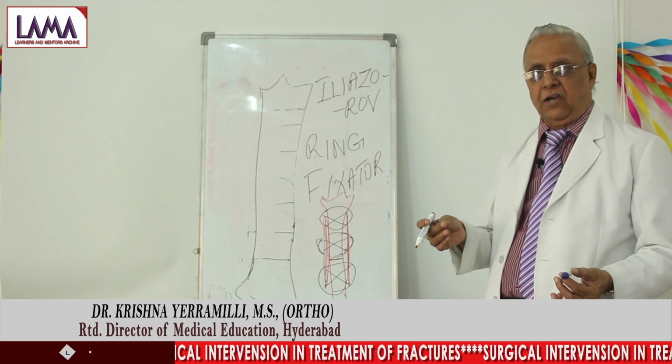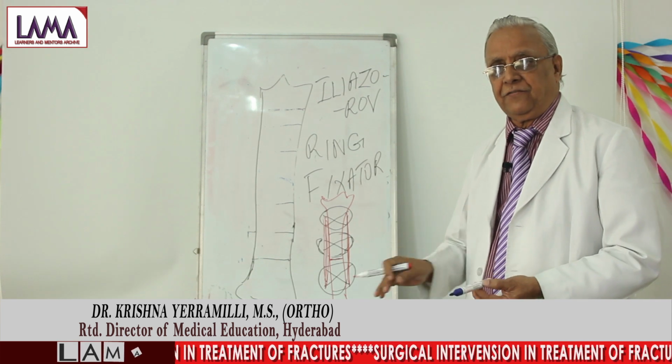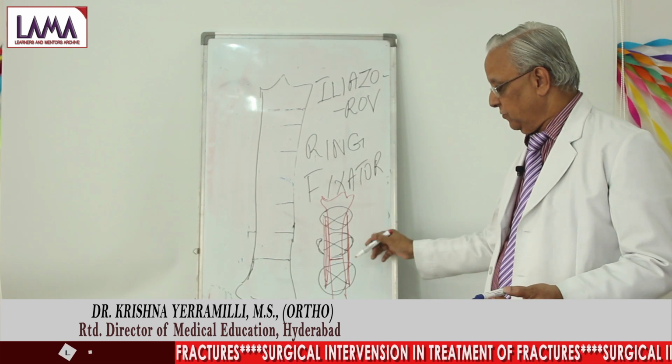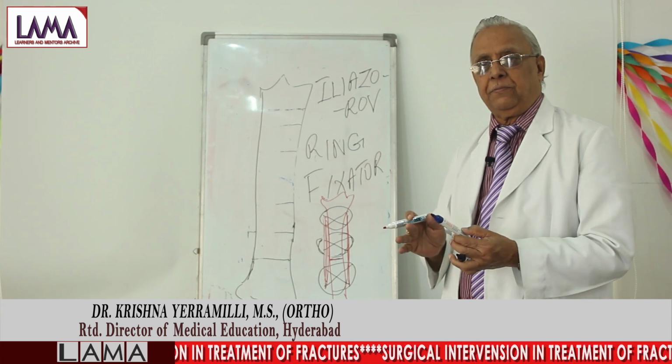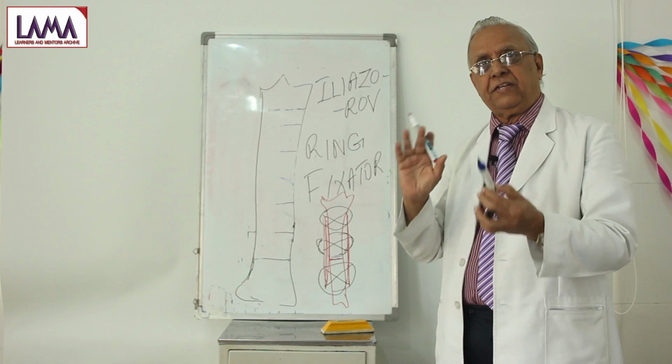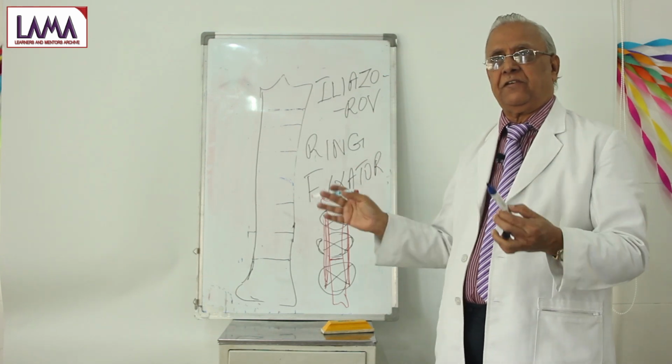And just like any jockey that we use for lifting the car, by adjusting the screws that are available here, we can gradually either lengthen it or keep it in position. If necessary, we can change the angle also. So these are the advantages.